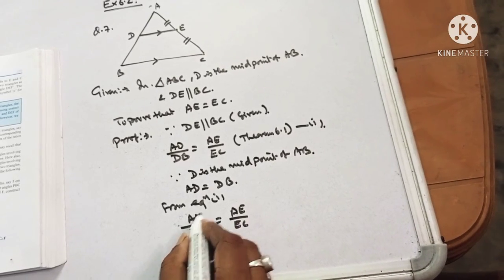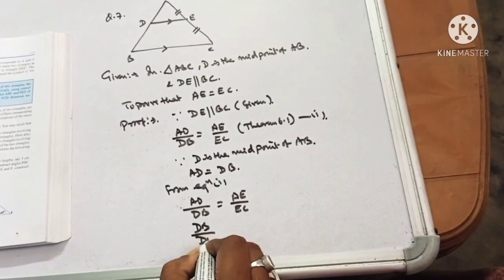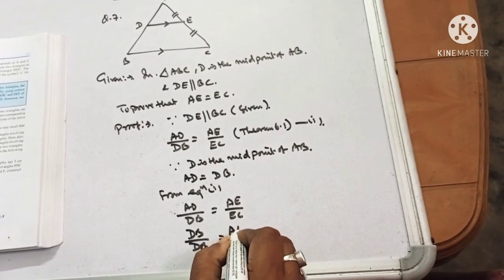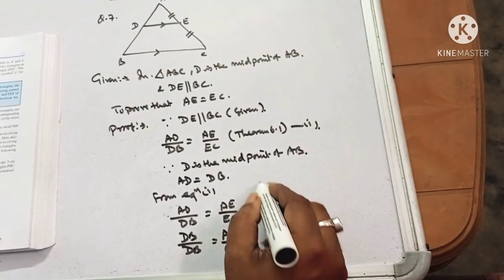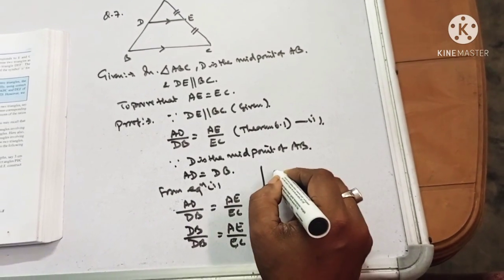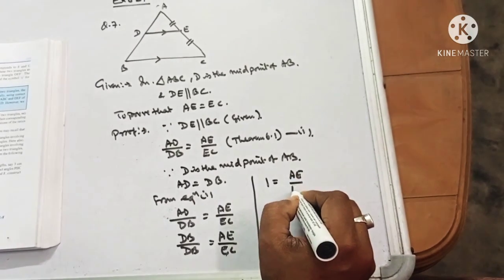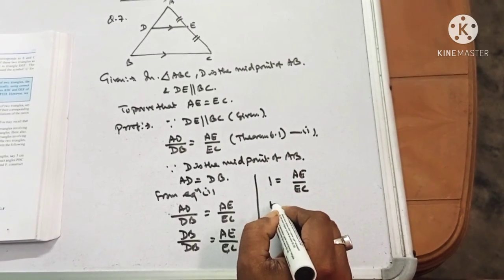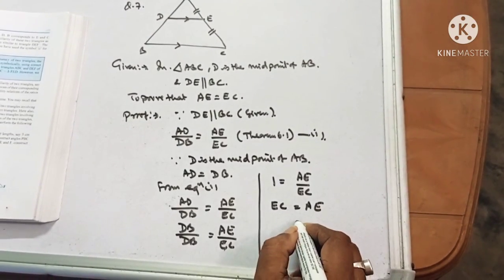Now instead of AD I am going to write DB. So DB by DB is equal to AE by EC. So this cancels out. So 1 is equal to AE by EC. So EC is equal to AE. So this is proved.